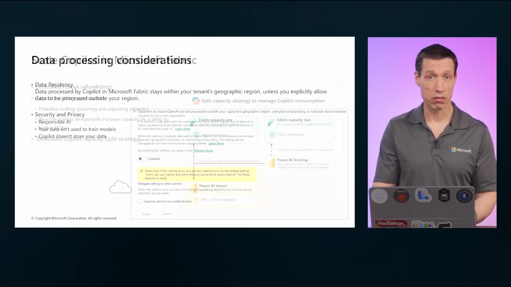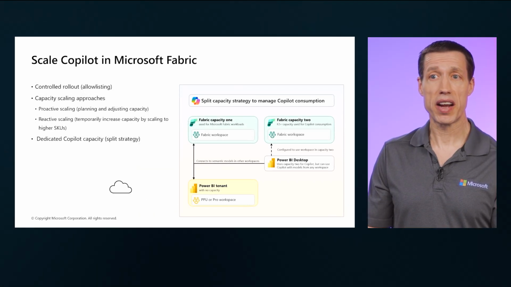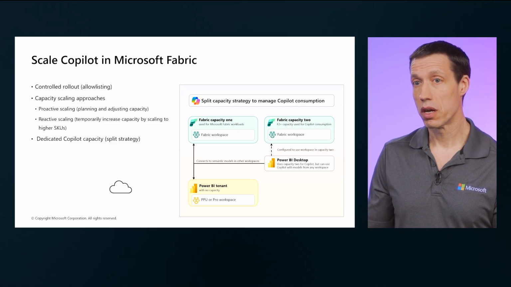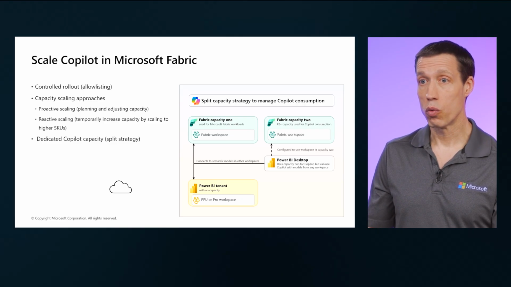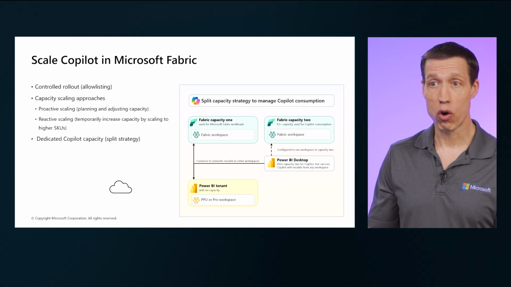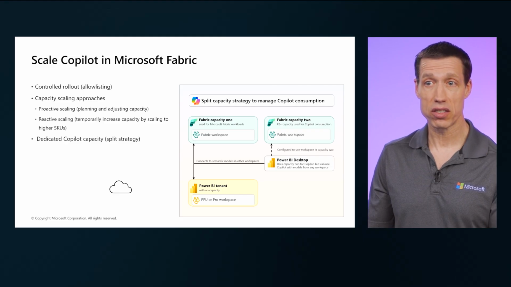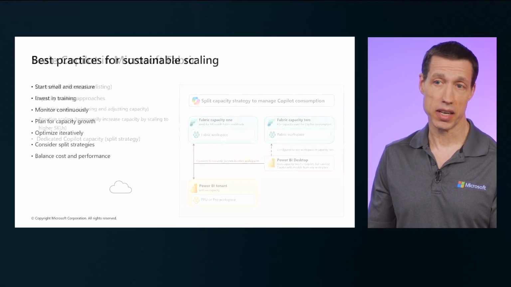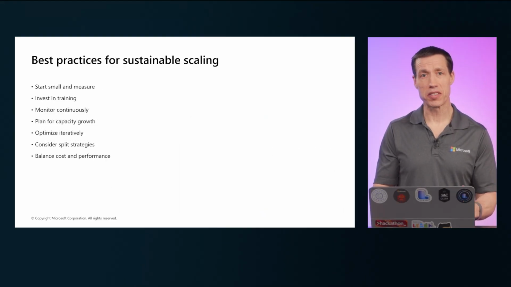Scaling Copilot effectively requires both technical planning and user discipline. Copilot assists best when access is rolled out gradually. Capacity is scaled proactively or reactively based on evidence, and heavy usage is isolated into dedicated capacities when needed. When starting up and scaling out, consider starting small.